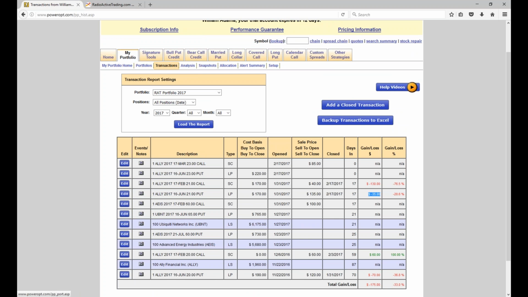So portfolios for open positions. Transactions, you can look at it in different views, but I'm looking at it right now as just the all positions instead of realized or unrealized. But my closed positions and my open positions, which show a not available gain or loss because it hasn't been closed yet, they're all shown on the same screen.